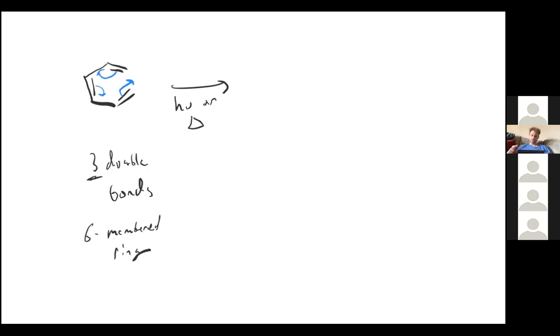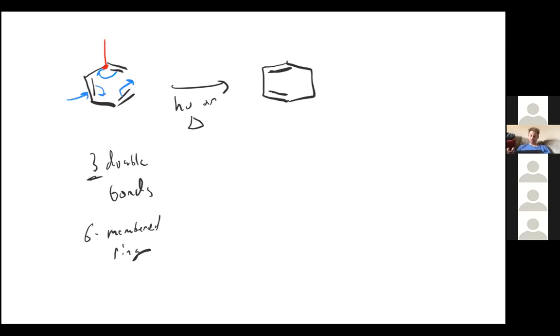Unlike the Diels-Alder, this is going to give us 2 different double bonds. So this top arrow here, when that shifted down, gave us a double bond here. And then the middle one could end up giving us a double bond in this position.